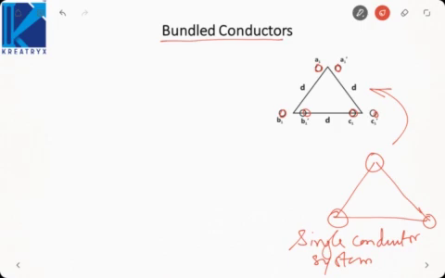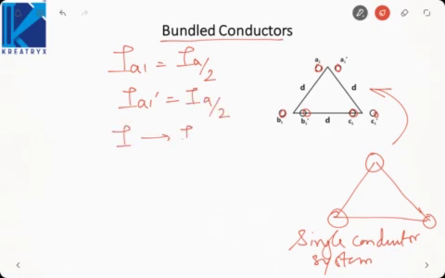Now how do they reduce corona loss? One possible explanation is that the current in A1 will be IA by 2, and in A1 dash it will be IA by 2. Since the current is reduced to half, the current density will also become half. Electric field, which is equal to J by sigma, will also become half.